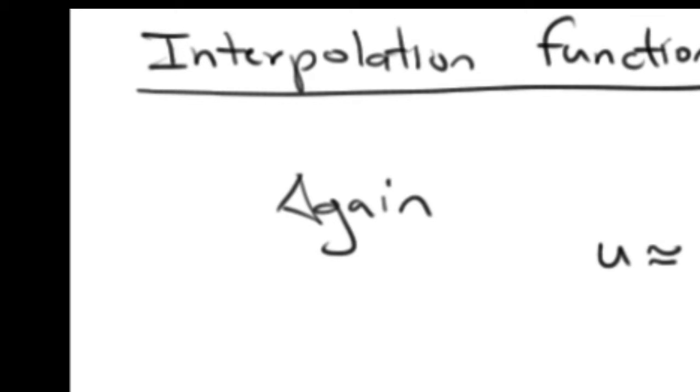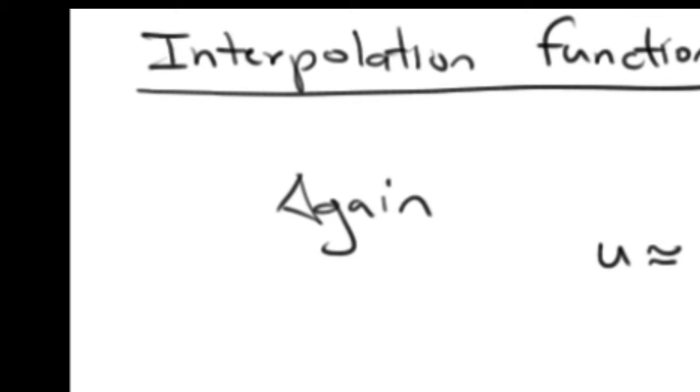So that is, if you're given u at 0 equal to some u naught, phi j must satisfy u at 0 equal to 0. Okay?